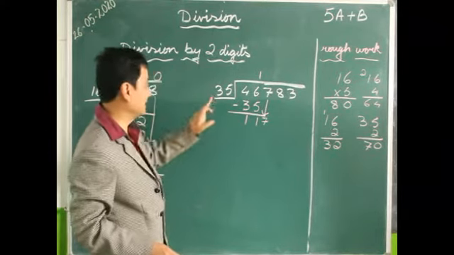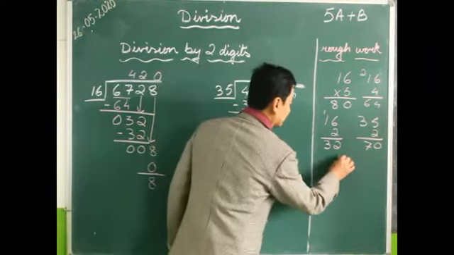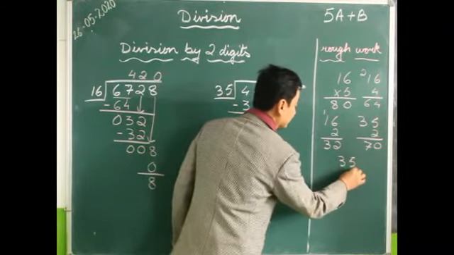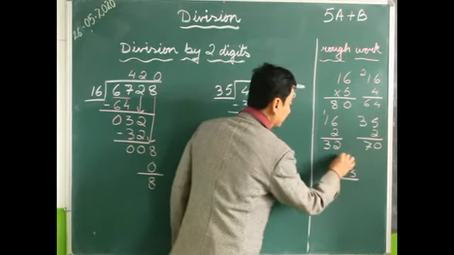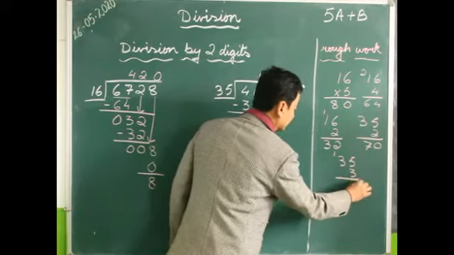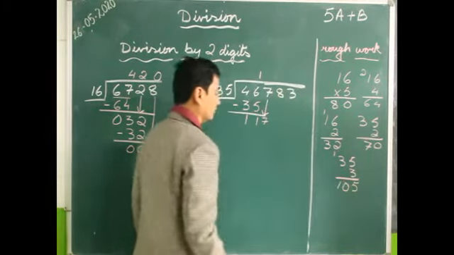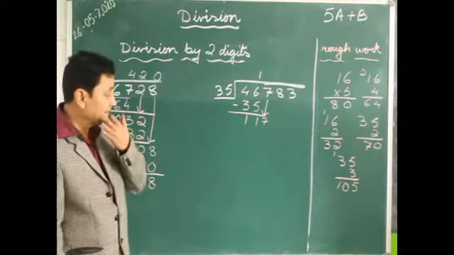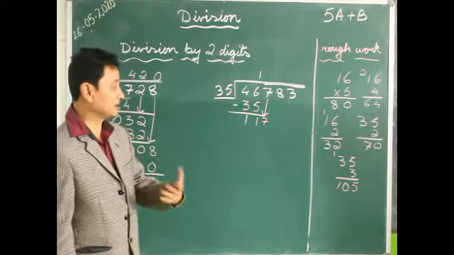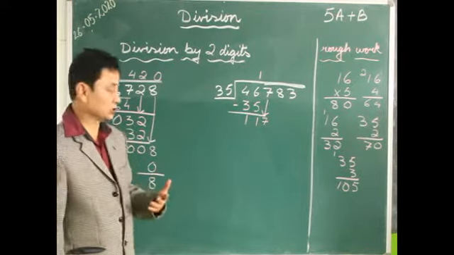So let's multiply 3 times. 35, 3 5s are 15, 3 3s are 9, 10. We've got 105. Now let's do it once more to make sure.